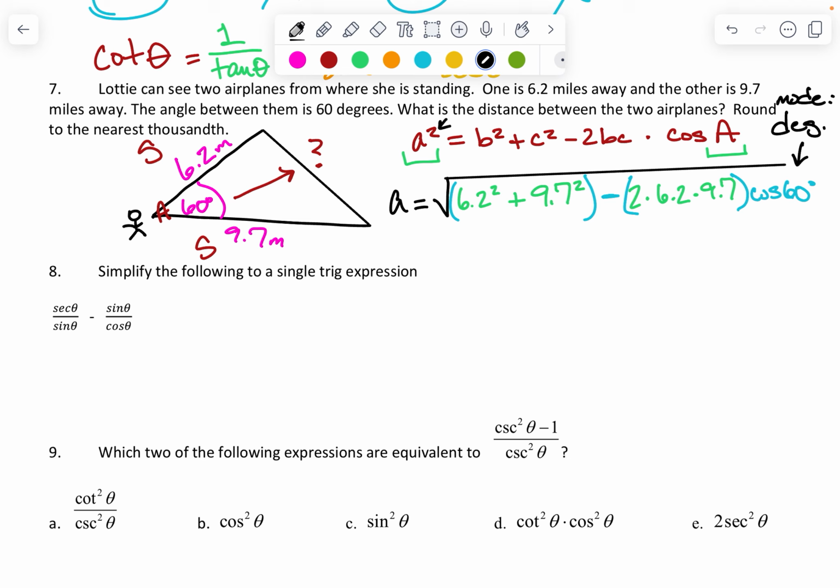Now, as I have written this on the screen, this whole thing right here, you can type that directly into your calculator, hit enter, and it will tell you that side A is 8.508 miles. How did I know it was miles? Because that is what the side lengths given to me were in. So I'm going to keep my answer consistent with that information.